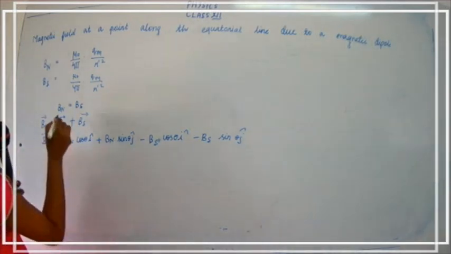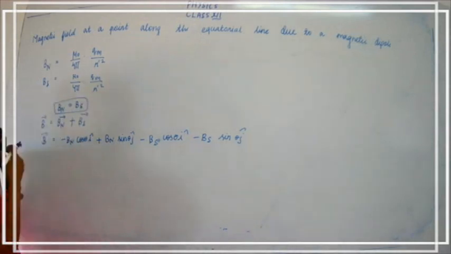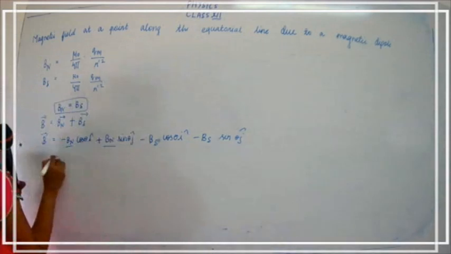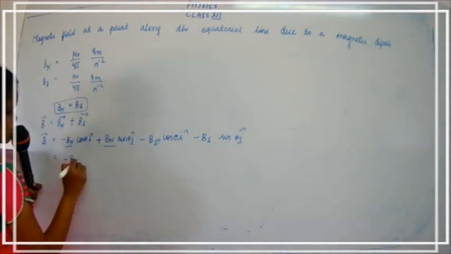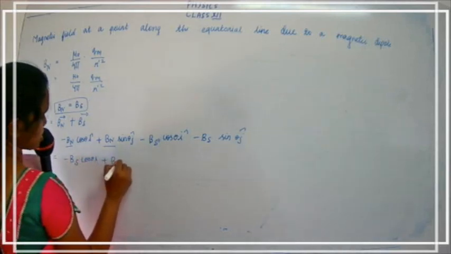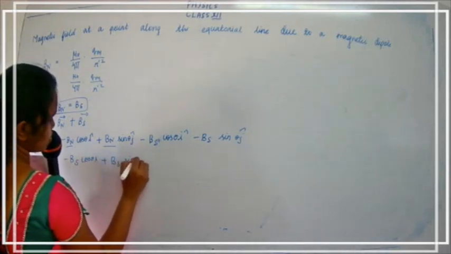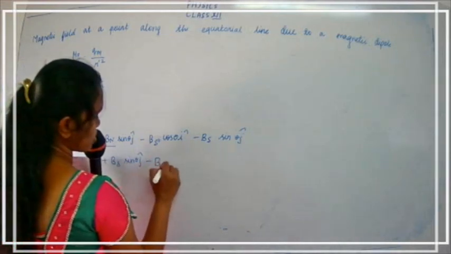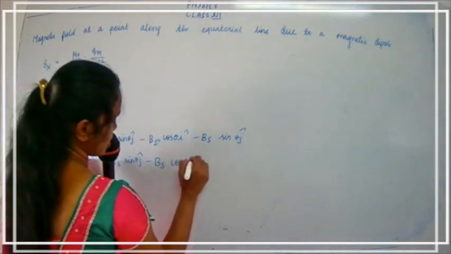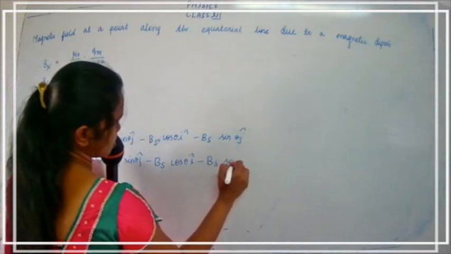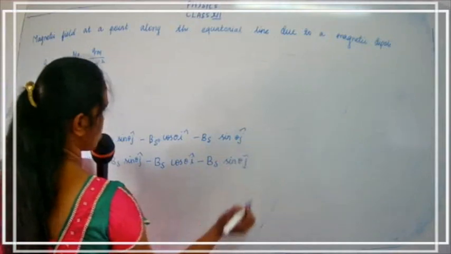Now we know that Bn equal to Bs. So in the place of Bn apply Bs: minus Bs cos theta I plus Bs sin theta j, minus Bs cos theta I minus Bs sin theta j.